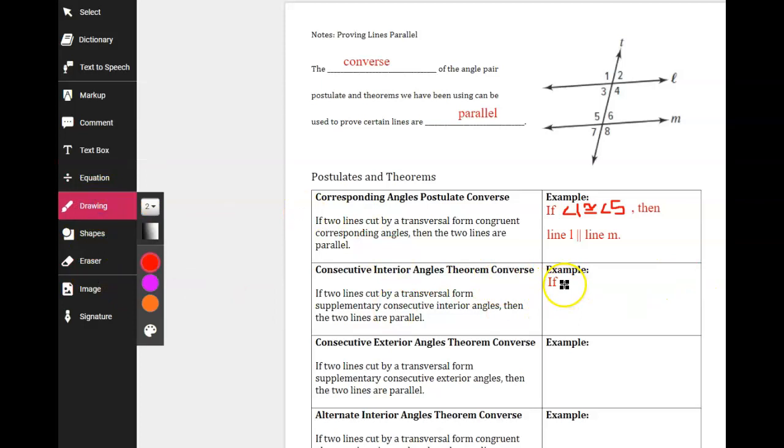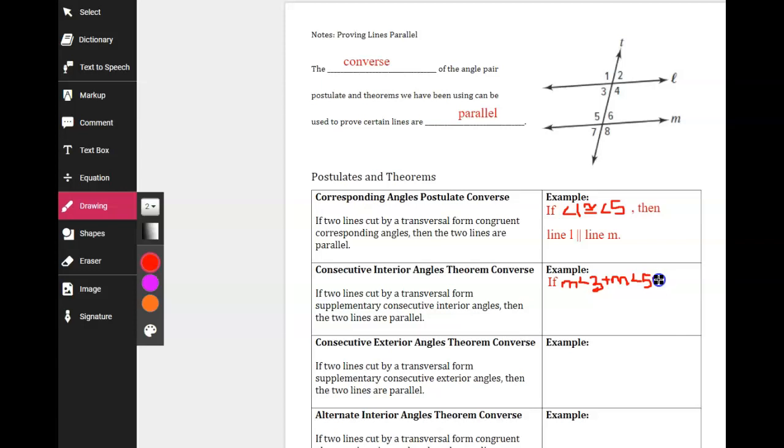So the measure of angle 3 plus the measure of angle, what is the consecutive interior angle that matches this pair? Angle 3 and angle 5.